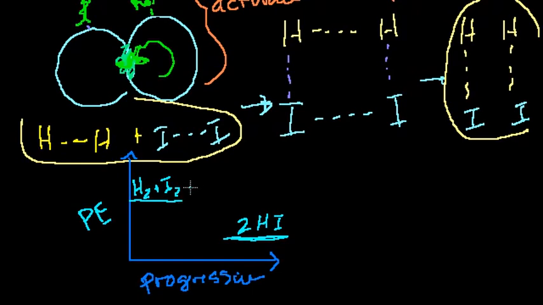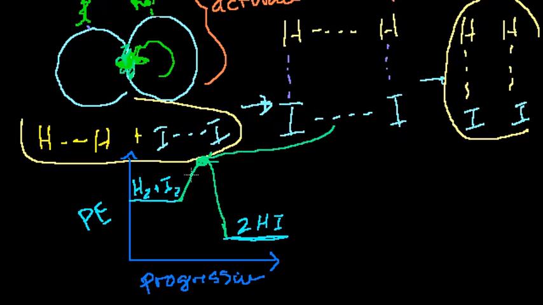And so you have to add energy to the system. You don't always have to add it, but if it doesn't happen spontaneously, you're going to have to add some energy to the system to get to this activated state. Right? So this is when we are at this thing right here.